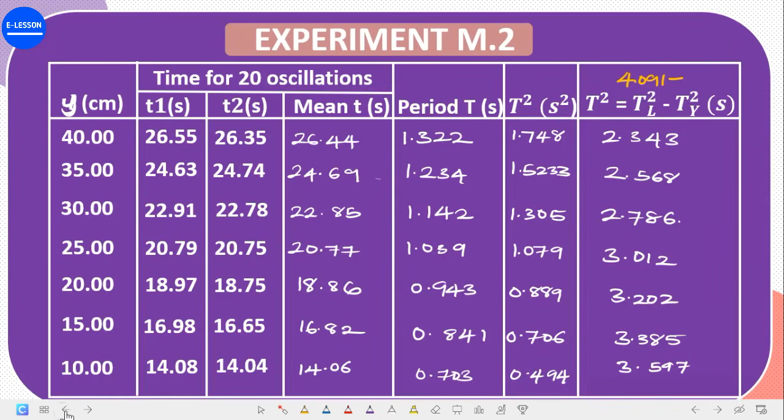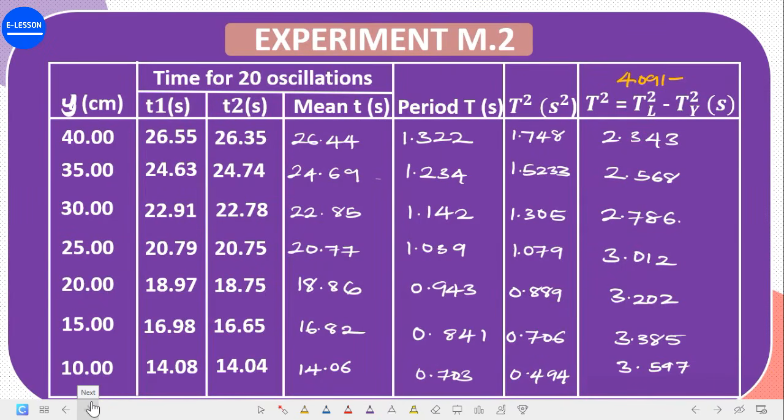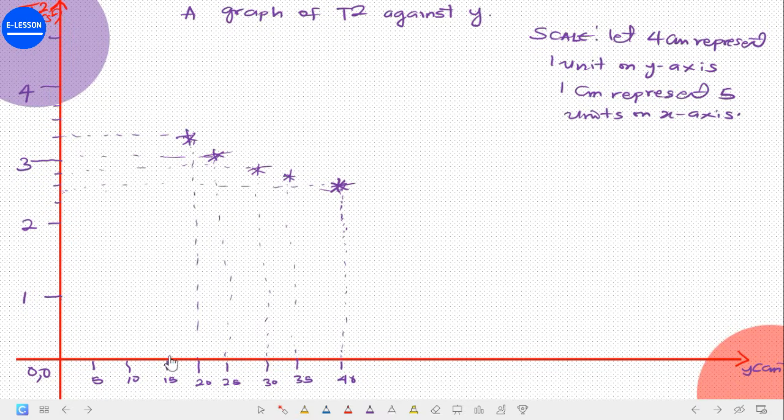Then the next one is 20 and 3.2. So we come here. This 20. Where will 3.2 be? 3.2 is somewhere around here. So we'll mark this point. Okay. Then the next one is 15 and 3.4. So these are 15. 3.4 is somewhere around there, so mark it.